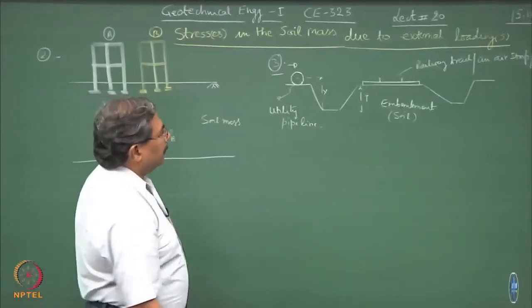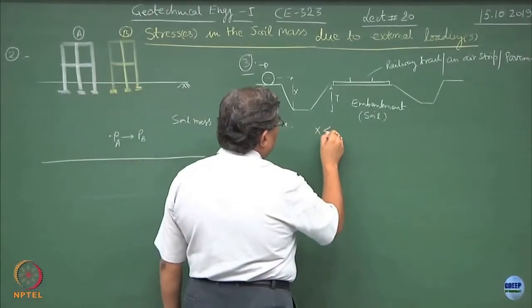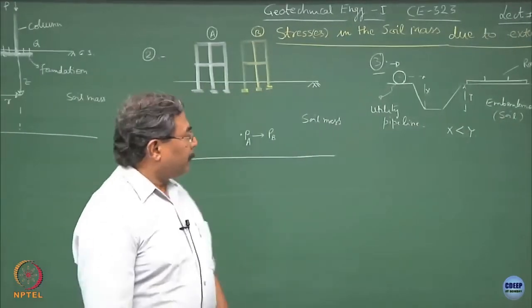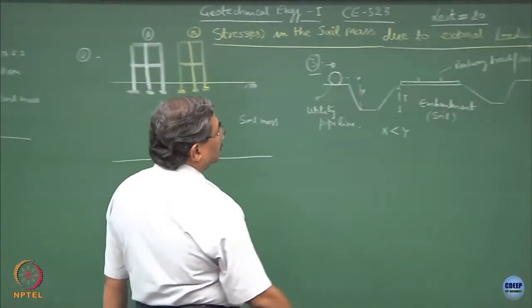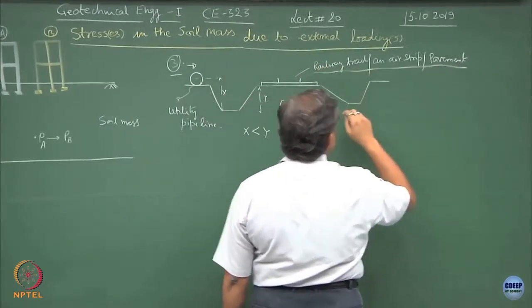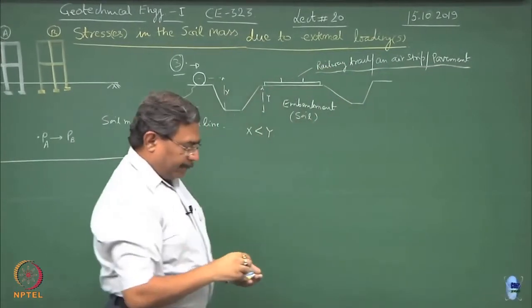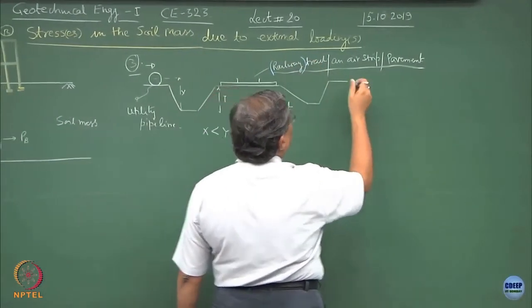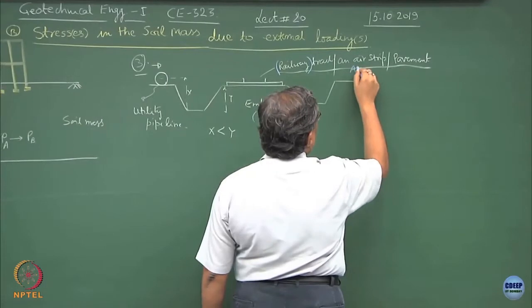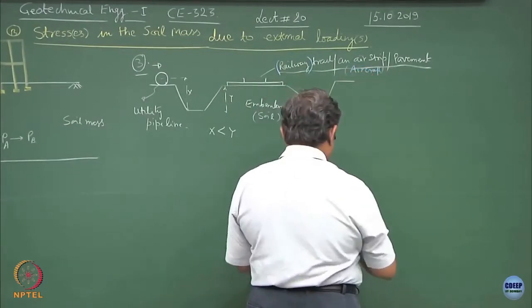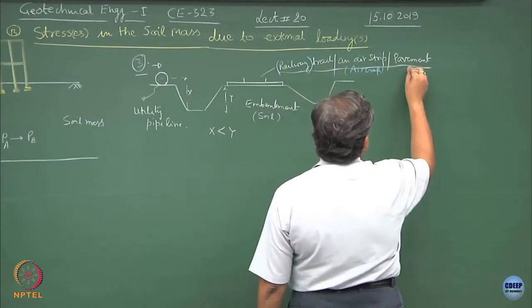Most of the time x is going to be less than y, and hence I will try to understand, because of the movement of the traffic, I have simulated 3 types of traffic. One is the railways, another one is the aircraft, the third one is roadways.